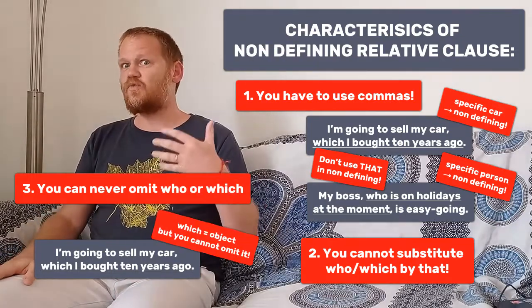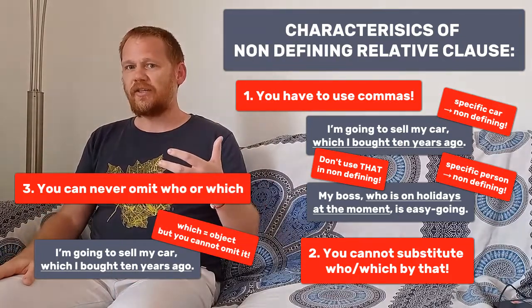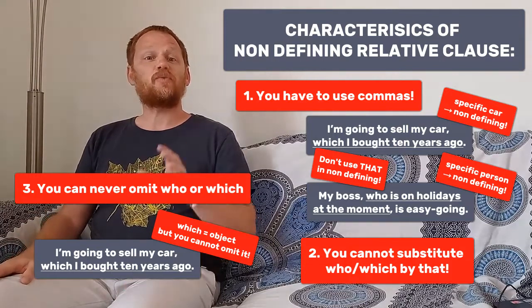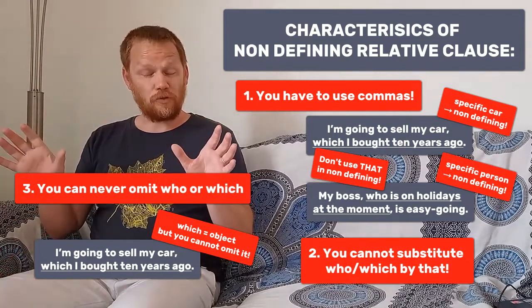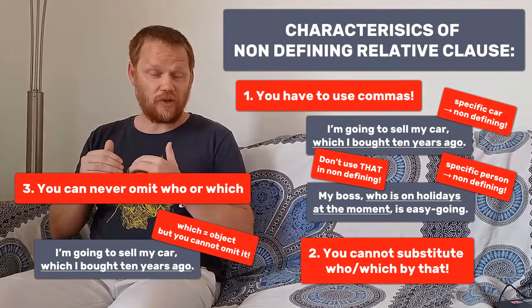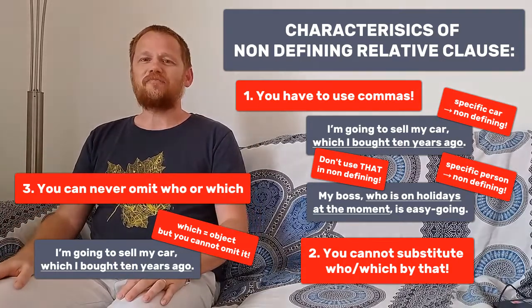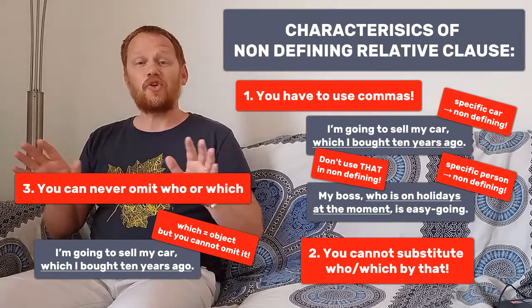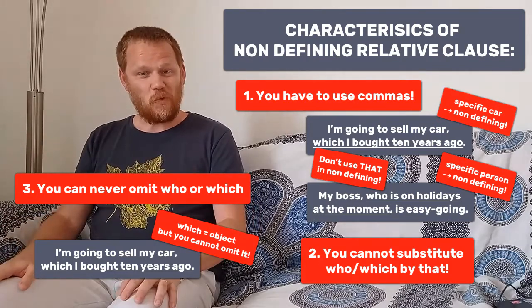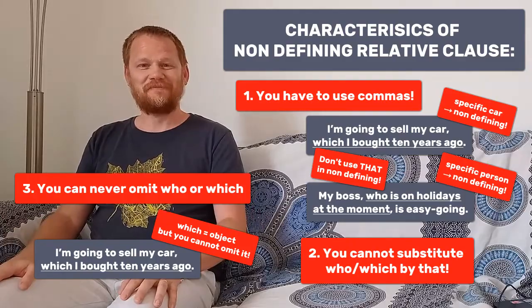So clearly, which is the object because there is a subject between which and bought, which is I, okay? But I still have to use my relative pronoun, I cannot omit it, okay? Good.